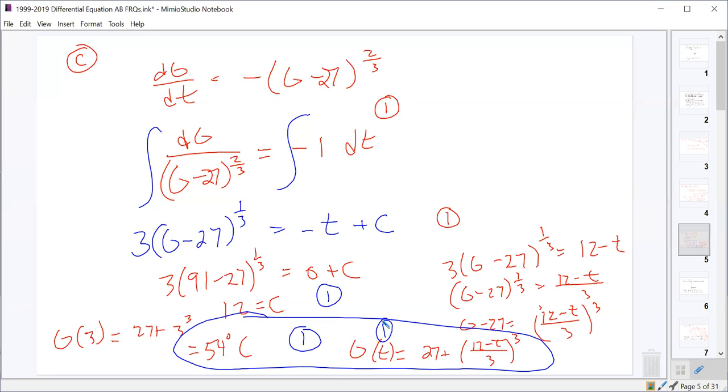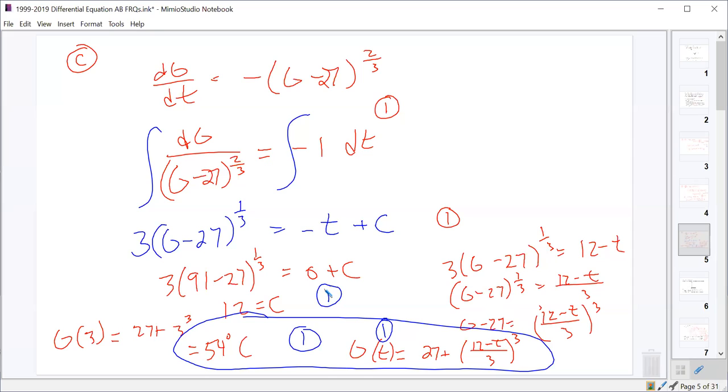I think actually, it's always confusing on these how they say. So they say 1 point is for separating the variables. They say 1 point for antiderivatives. Then they say 1 point for constant of integration and uses initial condition. So I guess that's there.